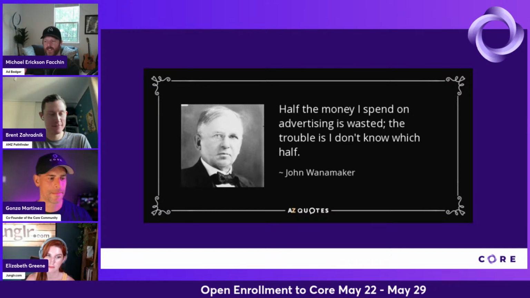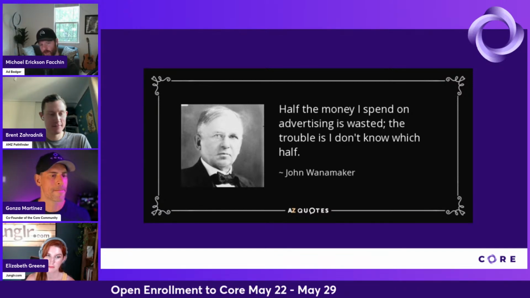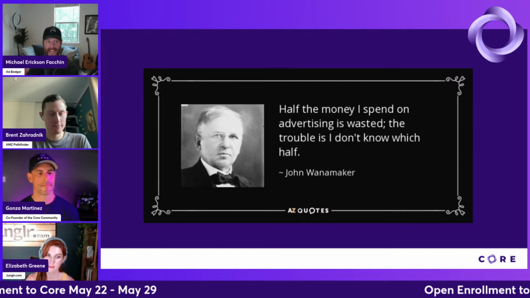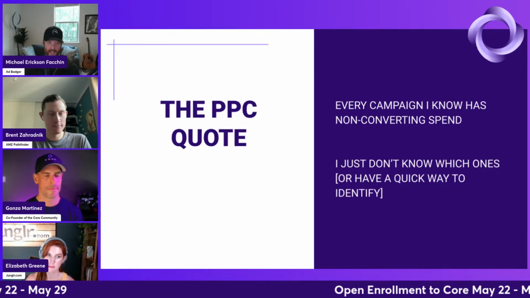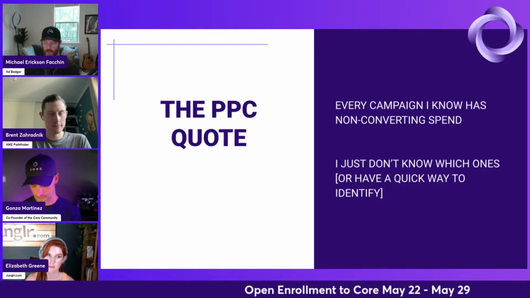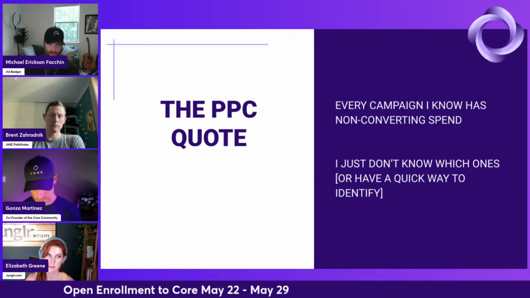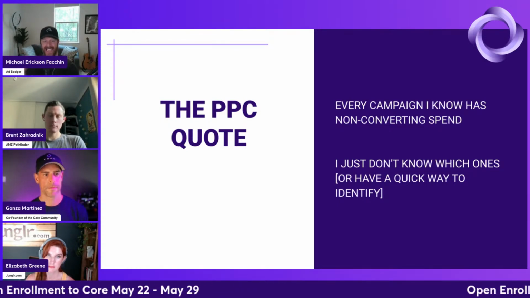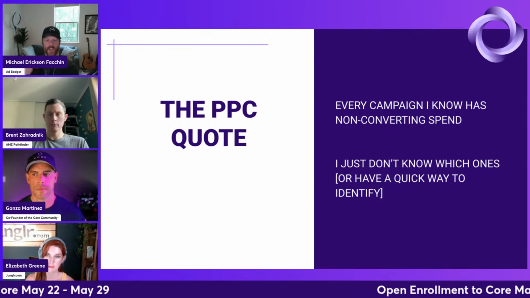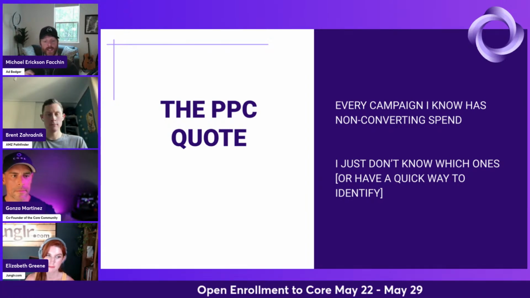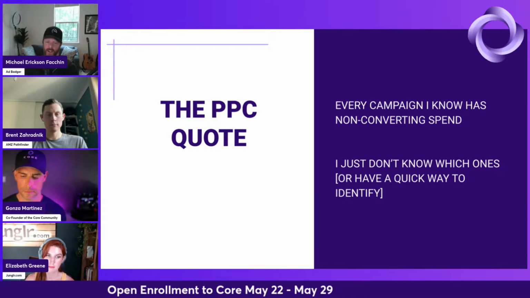This spreadsheet and concept allows you to really understand what half is actually wasted. If we translate this into PPC terms, every campaign I know has non-converting spend. I just don't have a quick way to identify which campaigns they are.